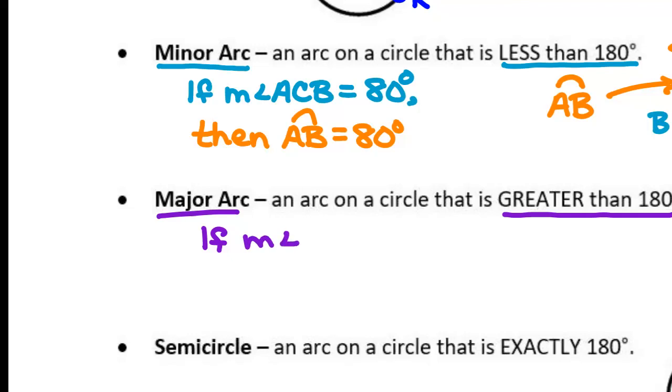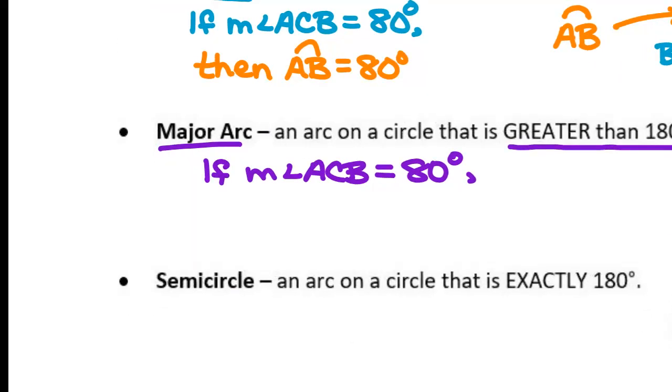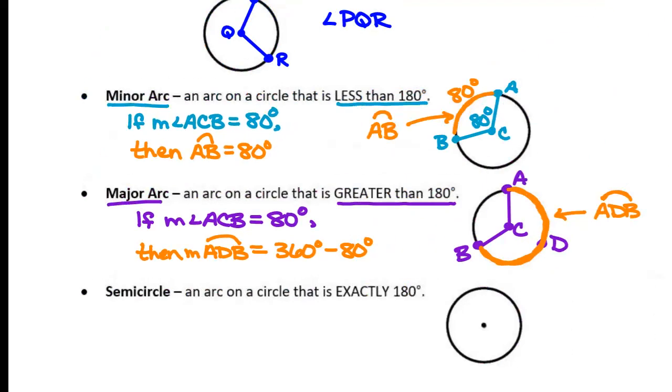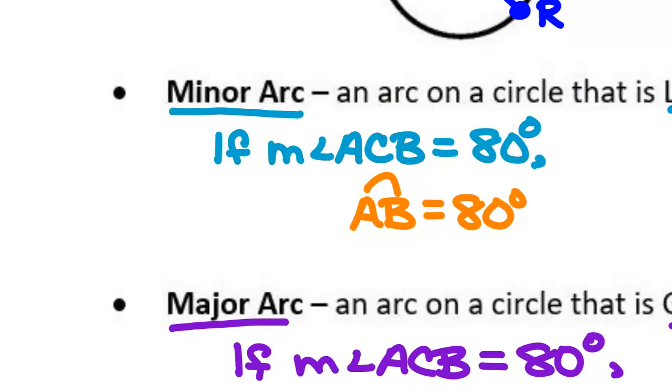If the measure of angle ACB is 80 degrees, then my major arc, ADB, is equal to 360 degrees minus 80 degrees. And I should have a measurement in front of my arcs.